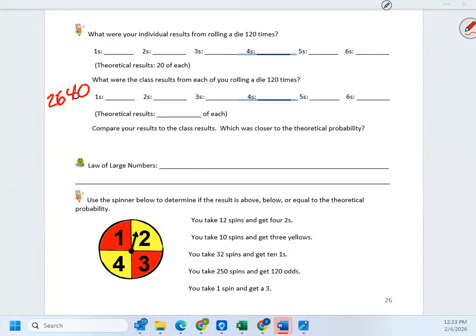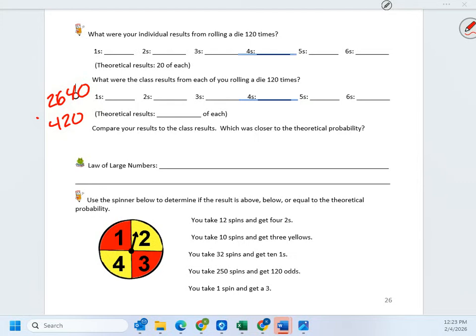So each individual one... It already says 20. No, for each number. Oh, it should be 420.